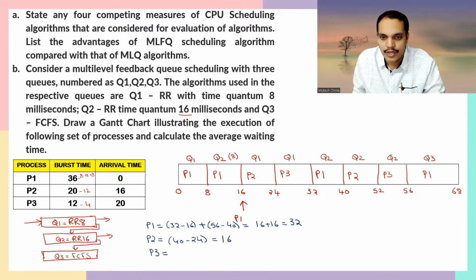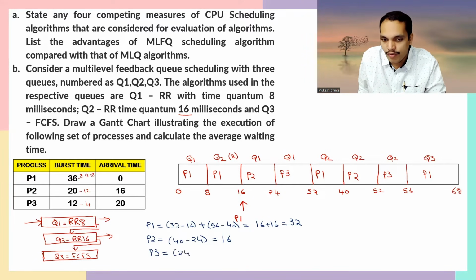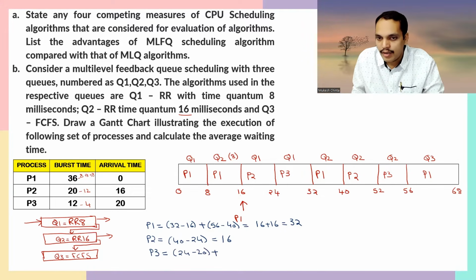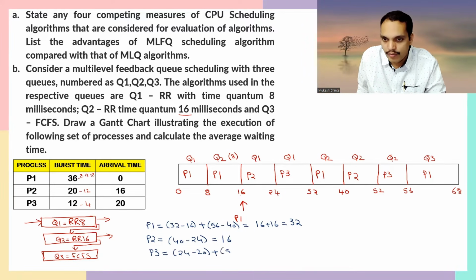So for P3, it has arrived at 20, but the CPU is granted at 24. So it already waited 24 minus 20 plus, and it exited at 32 and it re-entered the CPU at 52. So 52 minus 32, which gives me 4 plus 20, which is 24.